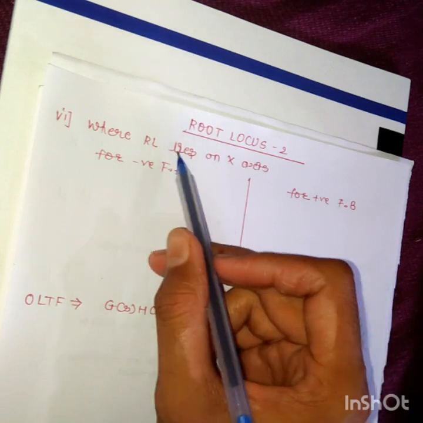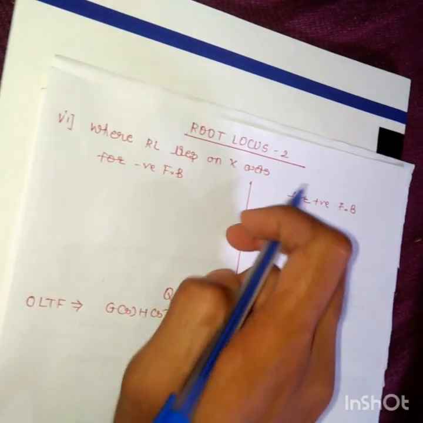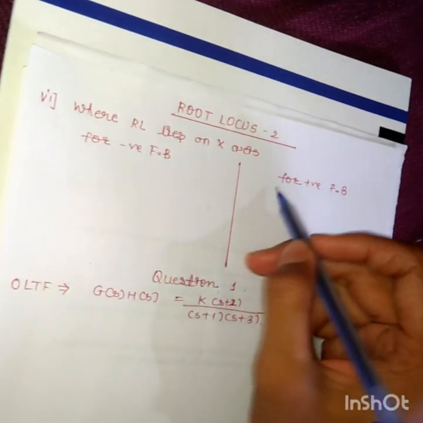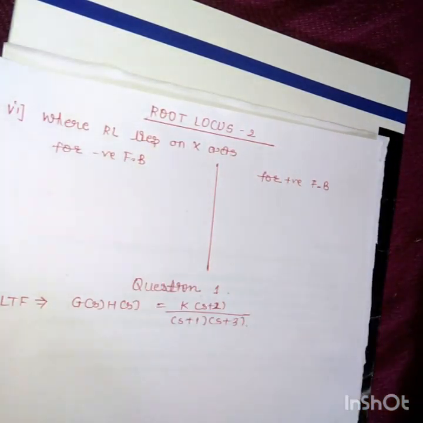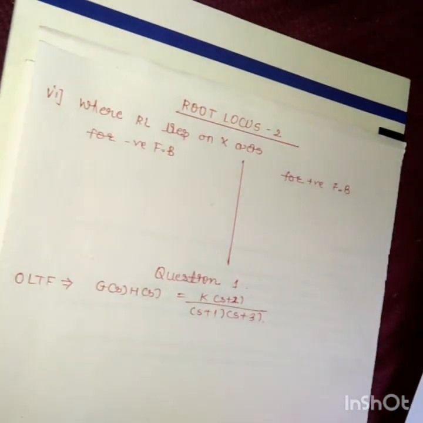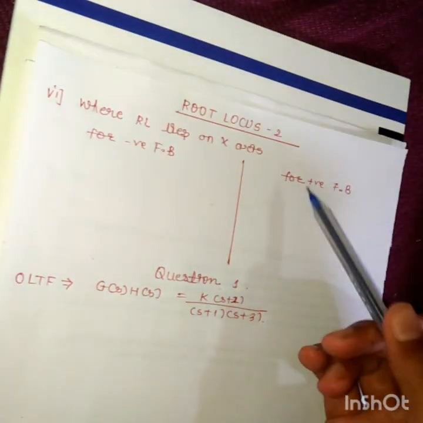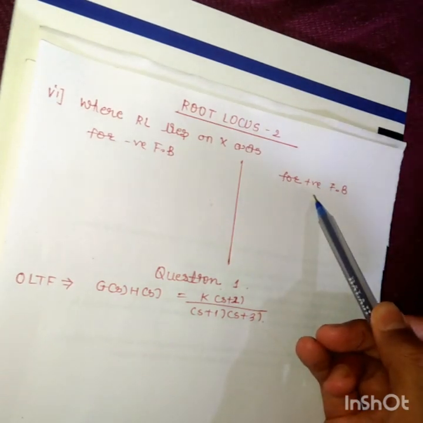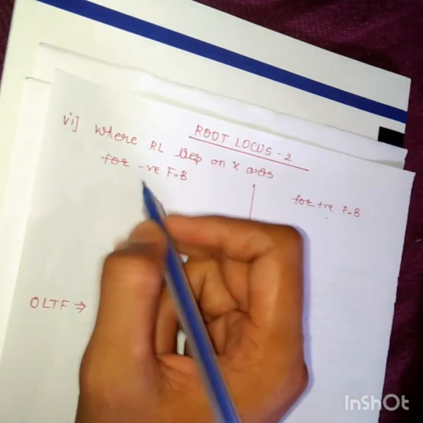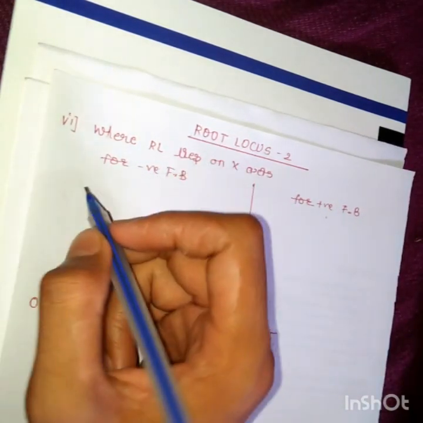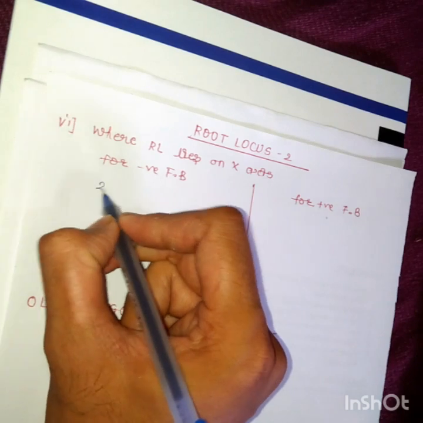Now let's move on to where the root locus lies on the x-axis. Here is the differentiation between positive feedback and negative feedback. Generally, if nothing is given, then we have to consider the feedback as negative feedback, and if it is given that it is positive feedback, then we have to take the case for positive feedback. The basic difference is the asymptotic angle.